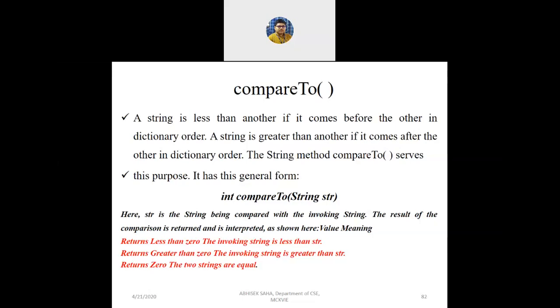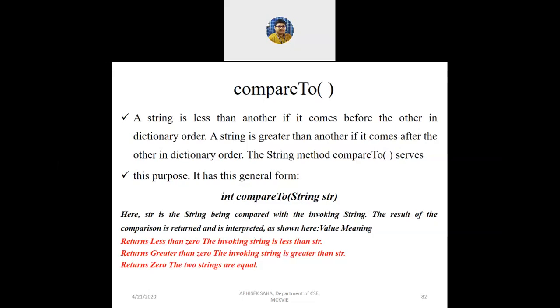Less than str means in dictionary order the invoking string will come first, then the passed parameter, that is str. If it is greater than 0, that means the invoking string will be later than the passed parameter str.